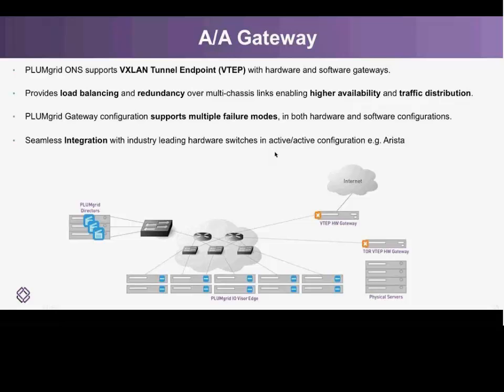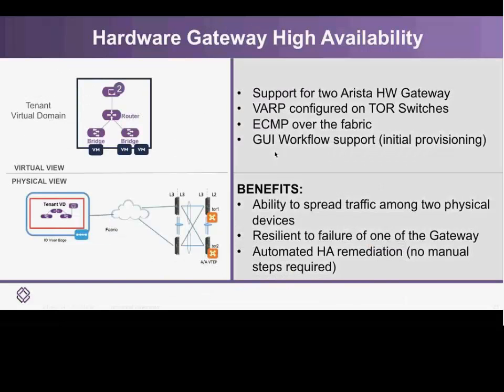So as we discussed earlier, we are introducing support for hardware gateway high availability. As part of our integration with Arista specifically, we're now capable of supporting two Arista gateways configured in active-active mode, so being able to spread the traffic among the physical devices.